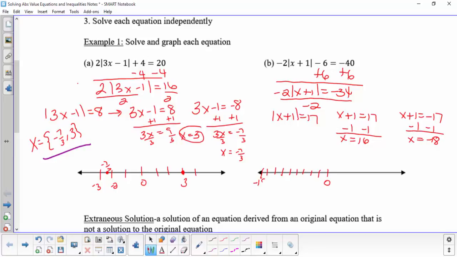So right there would be negative 18. So I put a point on negative 18. And then 2, 4, 6, 8, 10, 12, 14, 16. There's 16. And I put a point on 16. So our two solutions are x equals negative 18 and 16.